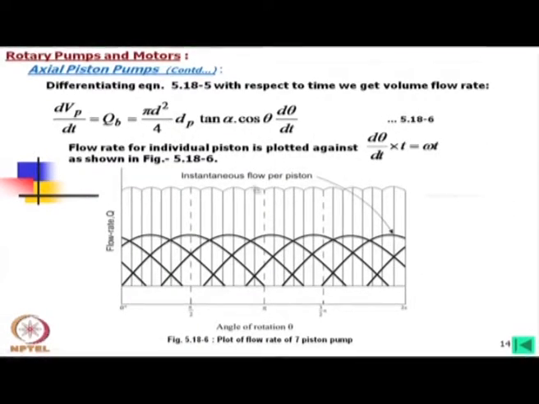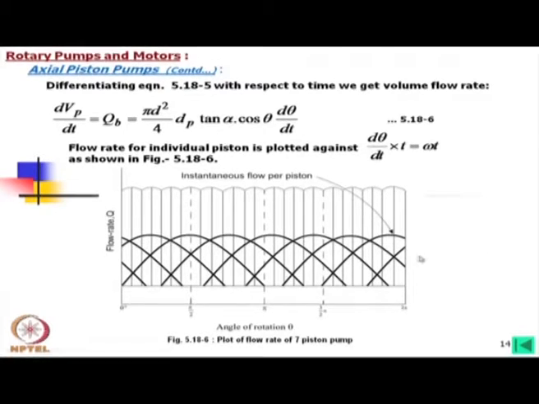Now, if we plot this flow rate, say this is piston number 1, then piston number 2, then piston number 3, then 4, then 5, then 6, then 7. We have considered 7 pistons.